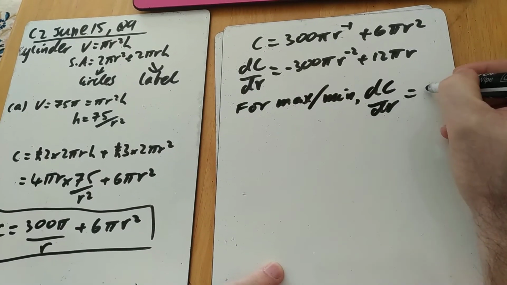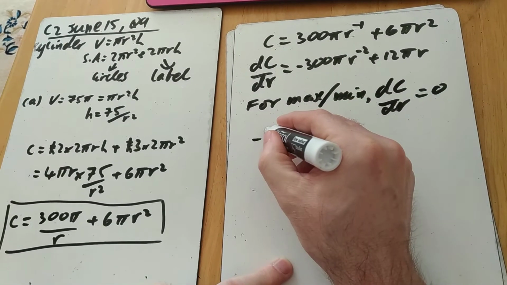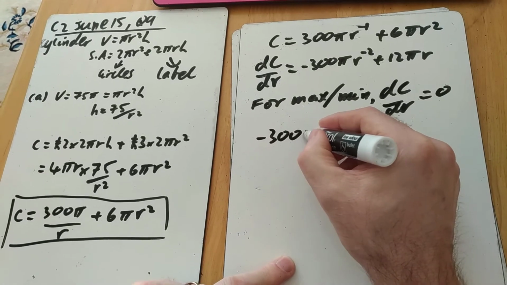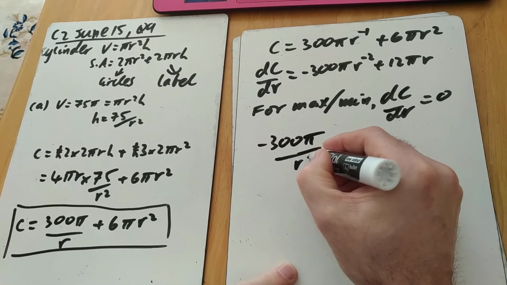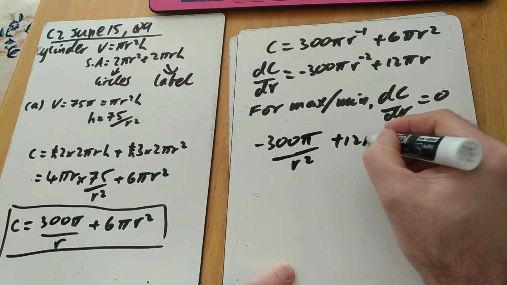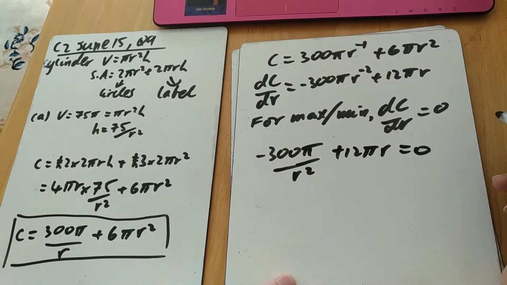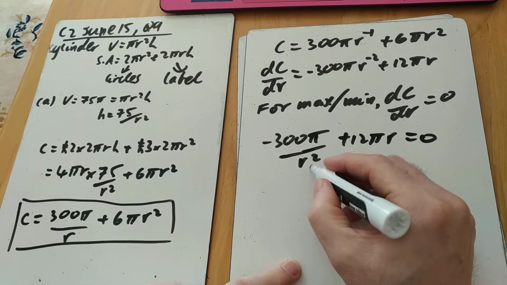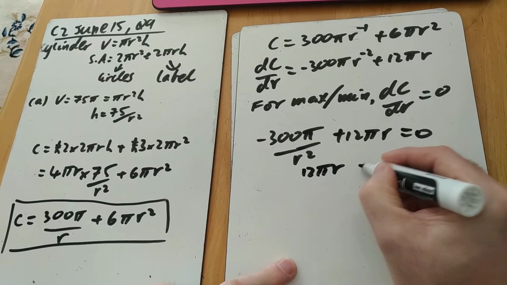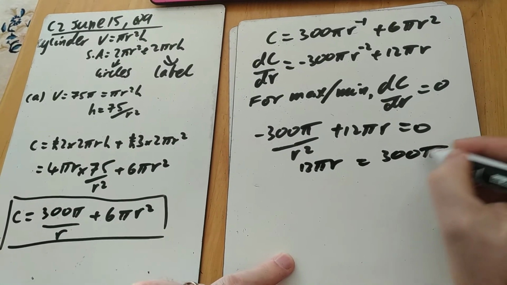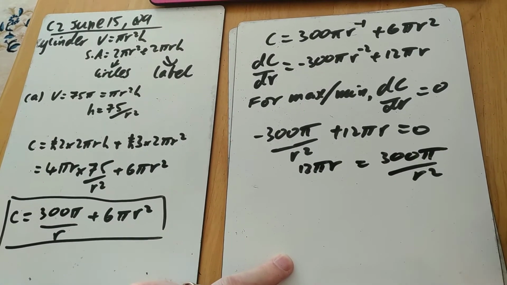dc by dr equals 0, and then you can stick this one and then rewrite it, plus 12 pi r equals nothing. Move the minus term across, so I've got that there.